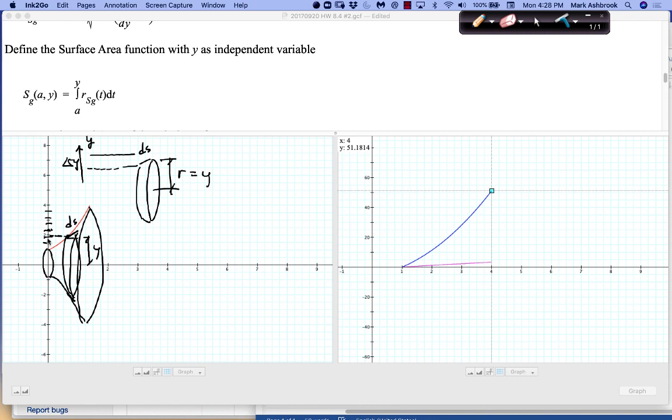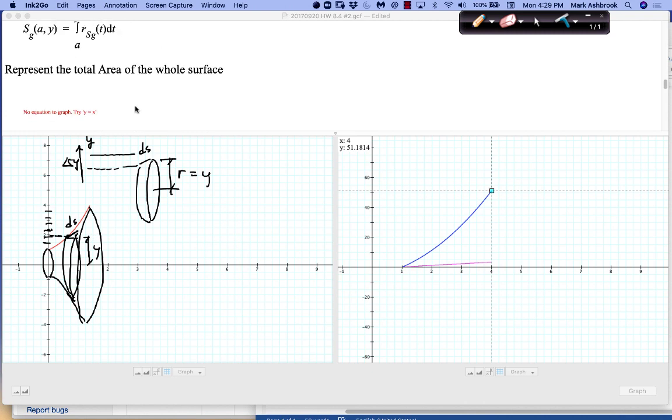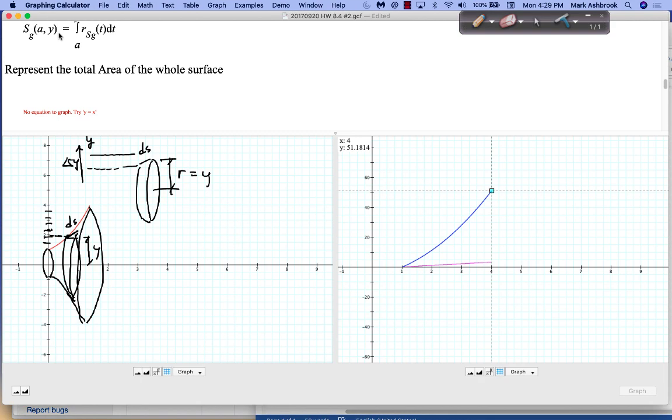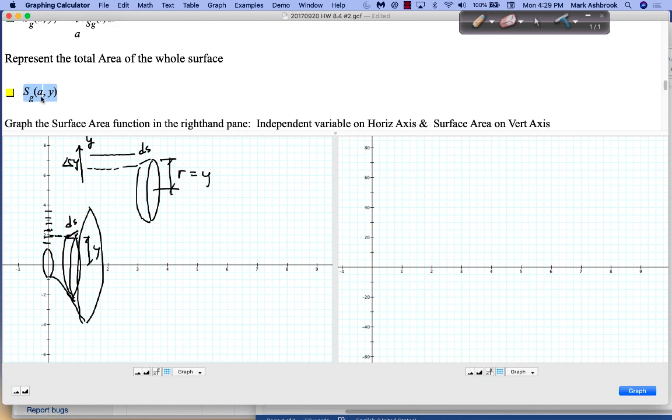So as y increases through delta y intervals, we're generating these frustums, and those frustums get generated from left to right as y increases. Then we could represent the total area of the surface as the surface area function from 1 to 4. They give us 51, and I think we already saw that in the graph.